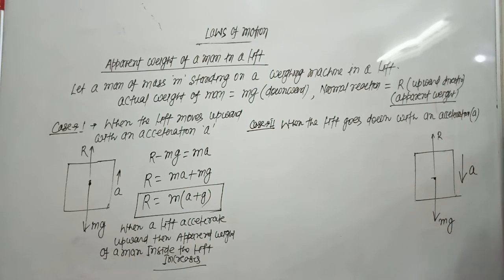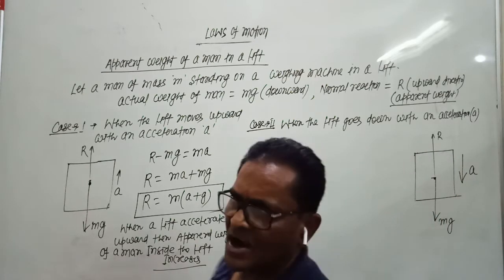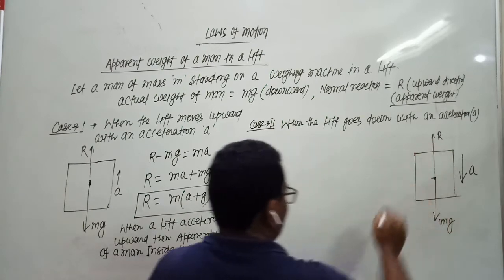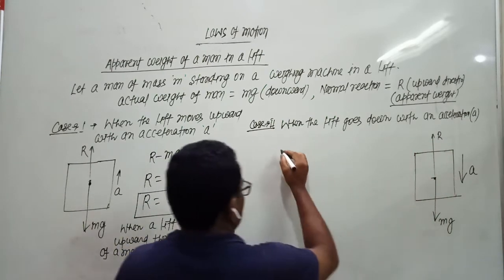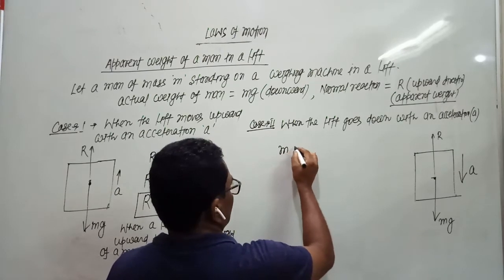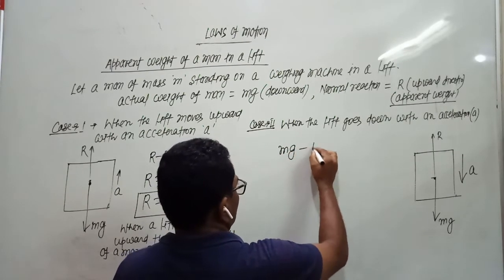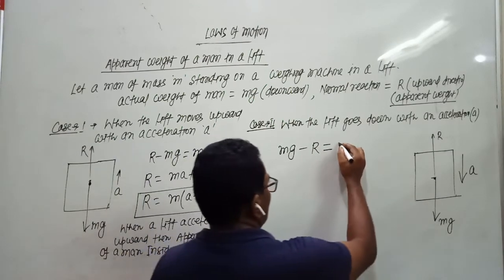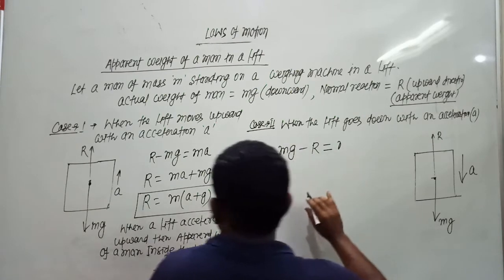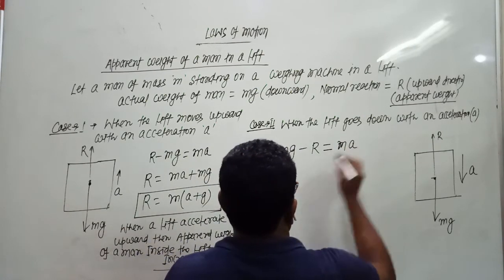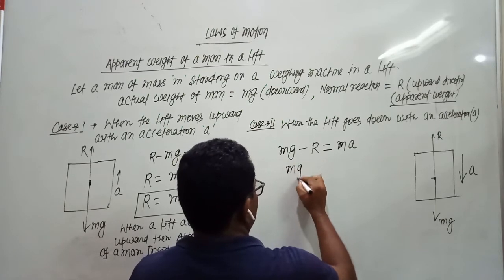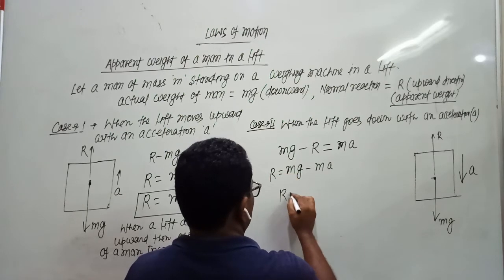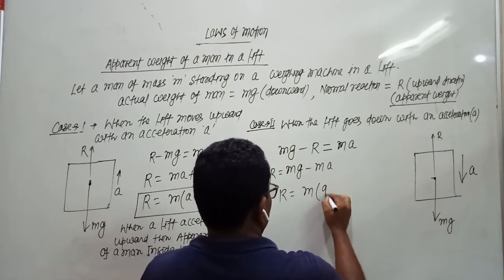So the direction of the resultant force is downward. That's why mg will be greater than R and mg will be taken as positive. So mg minus R is equal to the resultant force, and the resultant force is equal to m into a, and we get mg minus ma equals R. So R equals m into (g minus a).